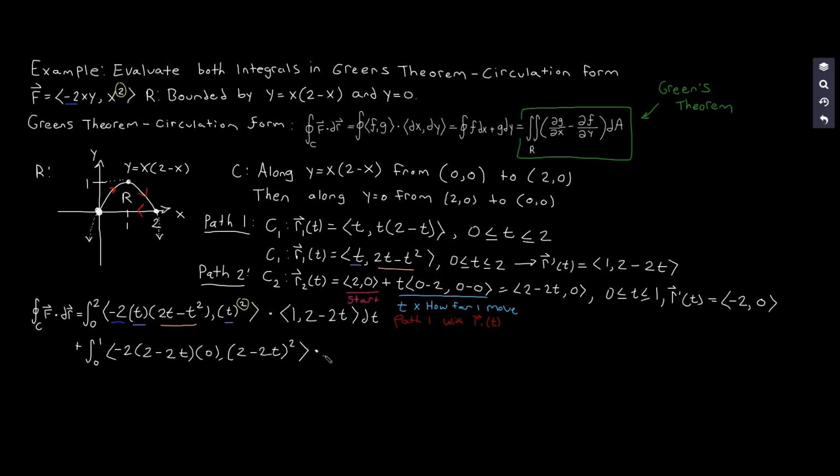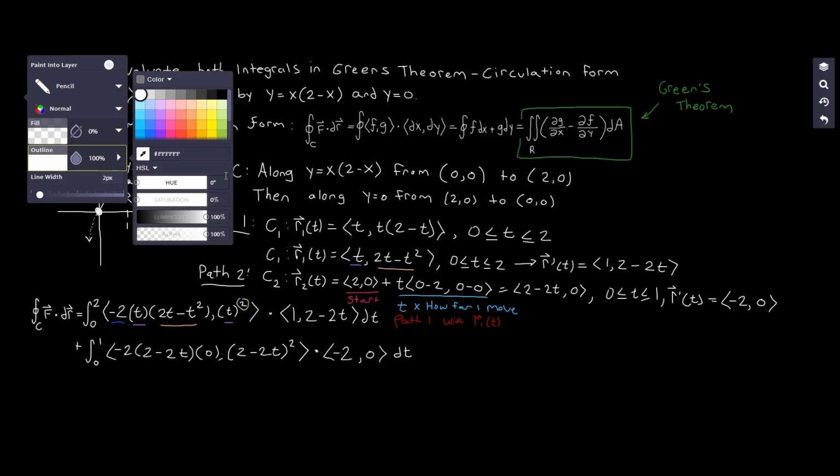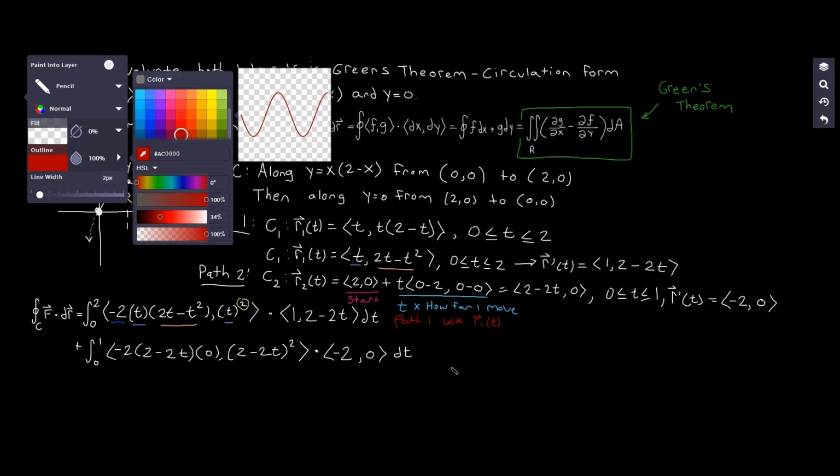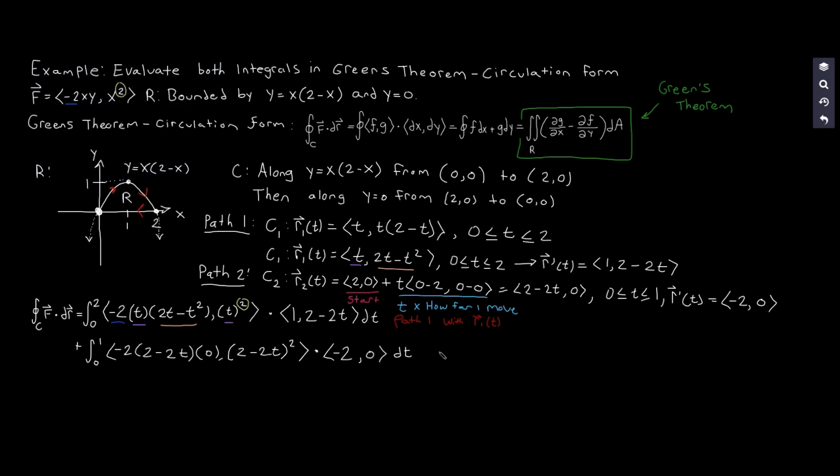So I will dot this with negative 2, 0, dt on the end of that. And this is path 2 with vector r sub 2 of t.